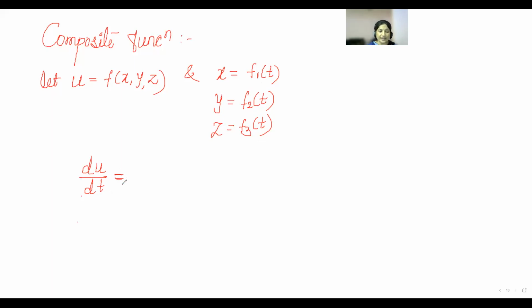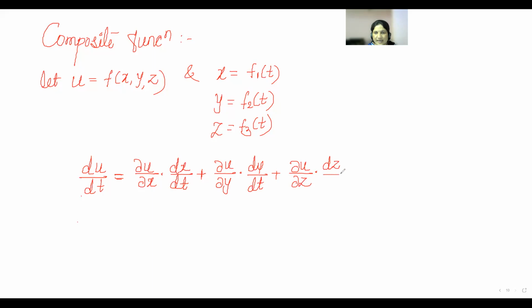Total derivative, how we are writing that? ∂u/∂x into dx/dt plus ∂u/∂y into dy/dt plus ∂u/∂z into dz/dt by using total derivative.